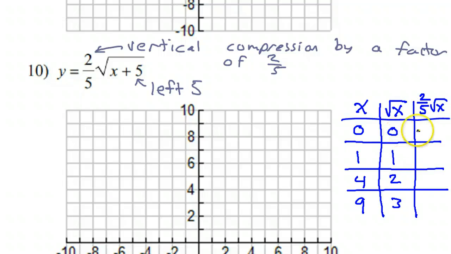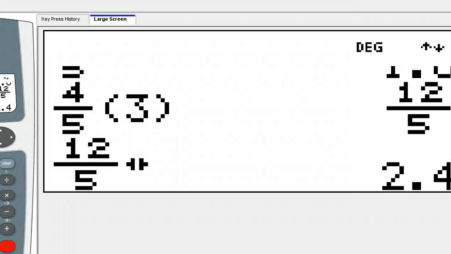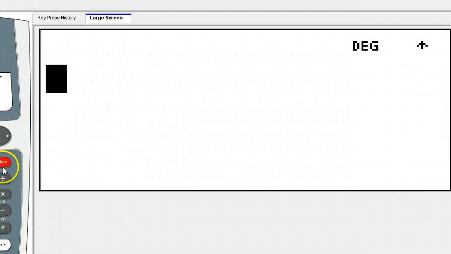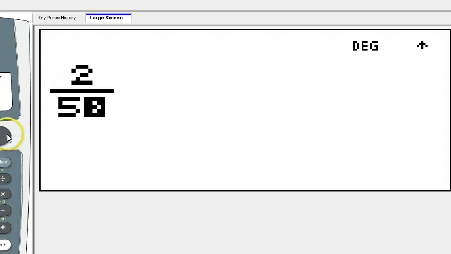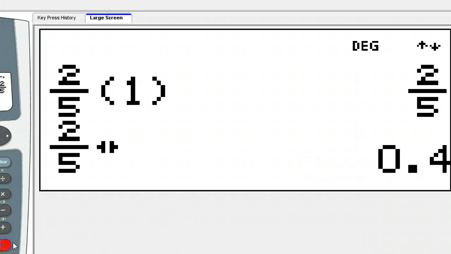Of course, 2/5 of 0 is 0. 2/5 of 1 is just going to be 2/5. But if we look at the decimal version, you can think of it this way: 2/5 of 1 is 2/5, like I said. But as a decimal, that's 0.4.